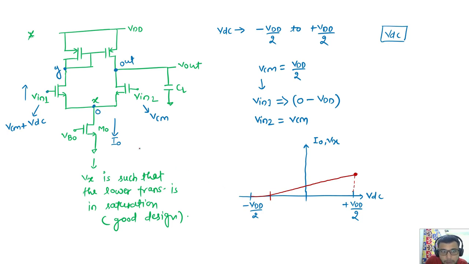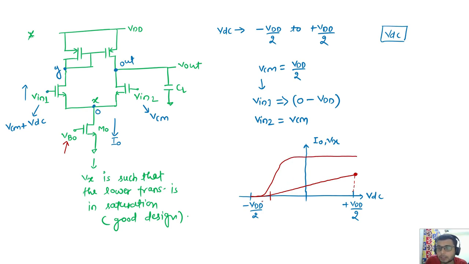Till this point the current is nearly zero. Already VB naught is applied, so this transistor is on, but this VDS is very small, or I can say the current that flows is also too small.